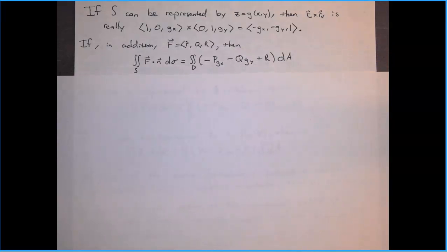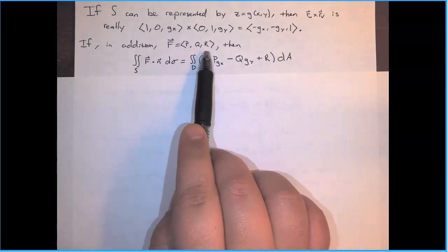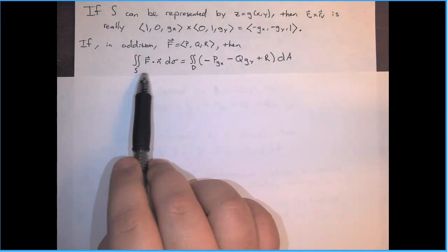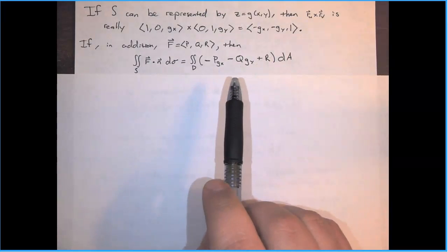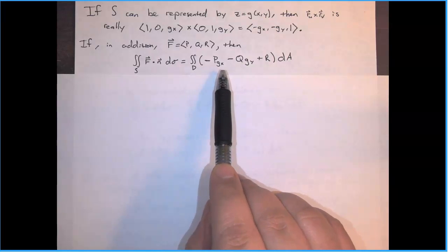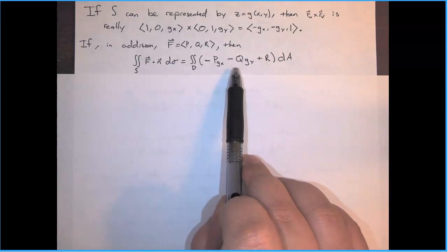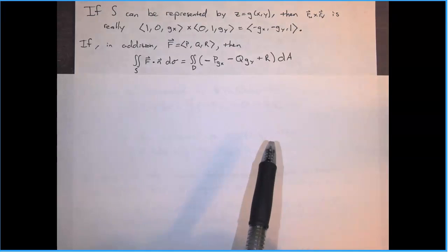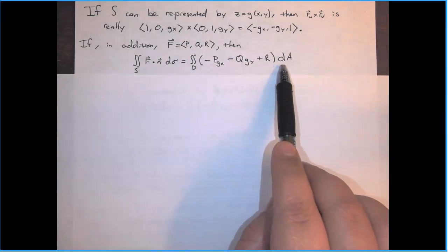Now, if we have that the vector field we want to integrate can be represented by these component functions P, Q, and R, so these are functions of three variables, then the flux integral, the integral of F dot n over the surface S, dσ, can be represented by negative P, that's the first component function, times the partial derivative of g with respect to x, minus Q times the partial derivative of g with respect to y, plus R. Now here D is a region in the xy plane, and dA is dx dy.